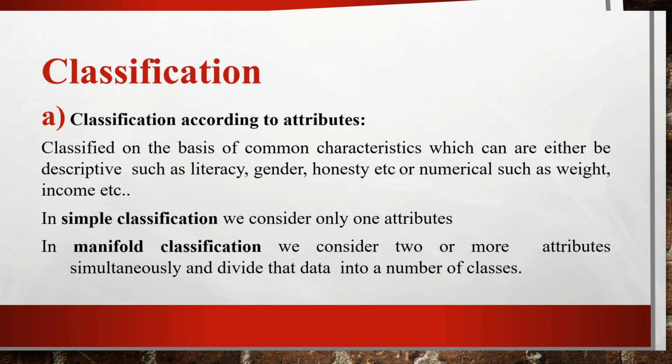Suppose year-wise details of profit are given, it is simple classification. In manifold classification we consider two or more attributes. So along with the year-wise classification, the quarter-wise classification of profit is also given. It is manifold classification.